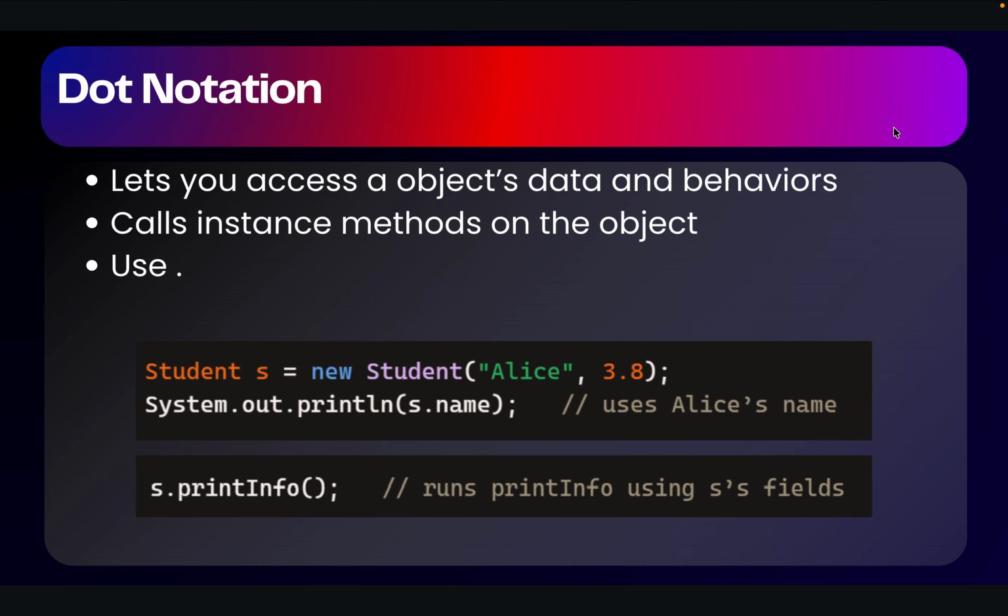So in our first example, you see we're creating the student object of S, which is going to hold Alice and 3.8 GPA. Now, if you take a look in our print statement, you see we have S dot name. S dot name is basically saying, hey, this object S is trying to access its field of name.